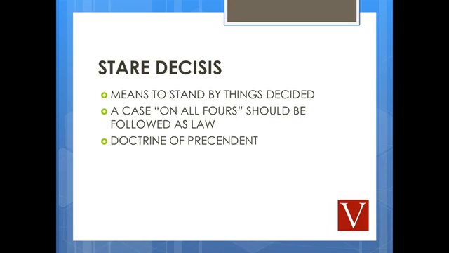And so if you have another case that's what we call, quote unquote, on all fours, meaning all the facts are the same, the previous law, the precedent should be followed, and that is what we know as the principle of stare decisis. Decisis, once again, deciding cases based on previous cases. Okay, that's what we call case law.